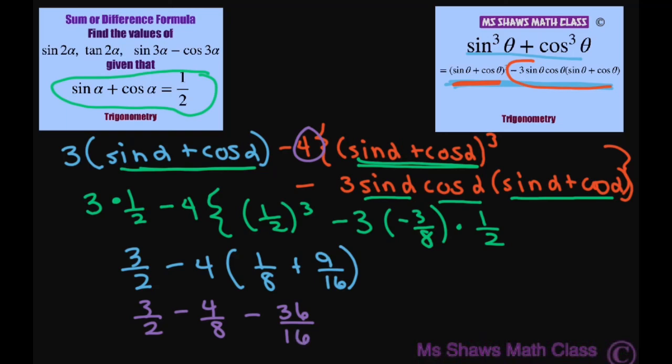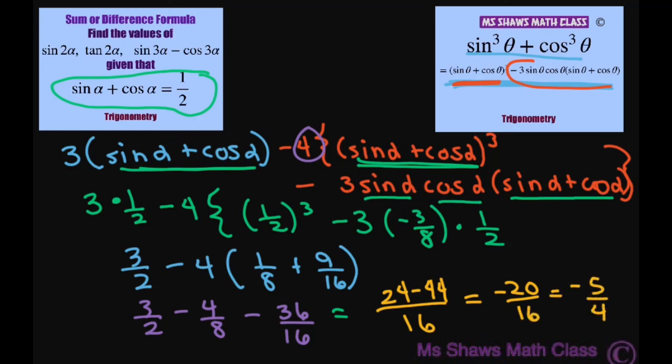So if we let our common denominator be 16, you can simplify now or earlier. Let's just let our common denominator be 16. We're going to get 16, and then we'll have 24 minus 44. And this is going to equal negative 20 divided by 16, which equals negative 5 divided by 4. And that is your final answer.